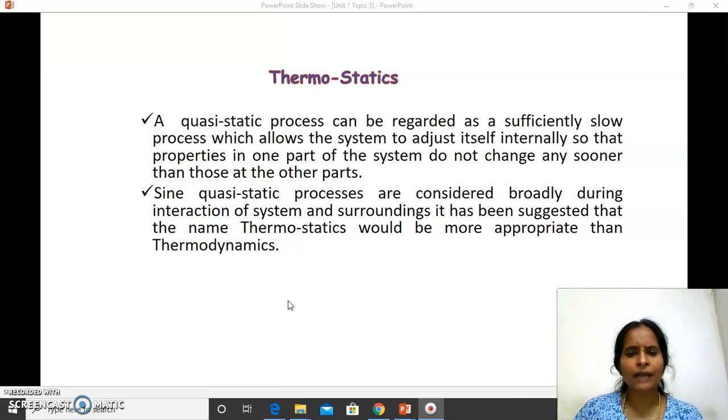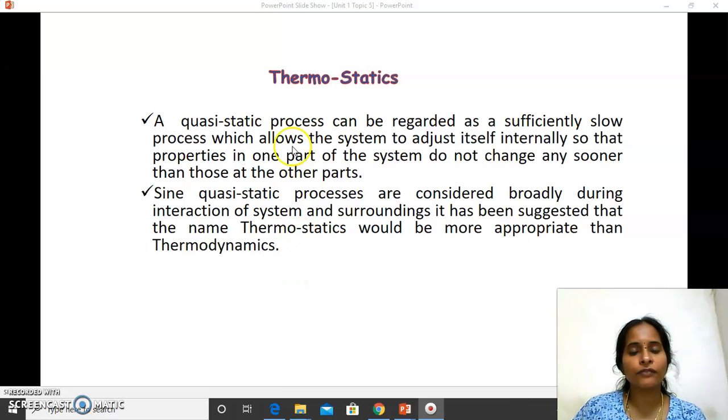So we are plotting the properties when we are able to measure them in the condition of equilibrium, right? So equilibrium is given importance in this subject.